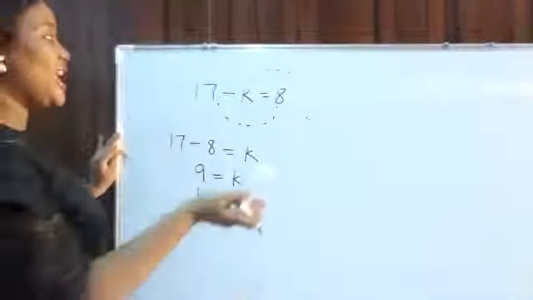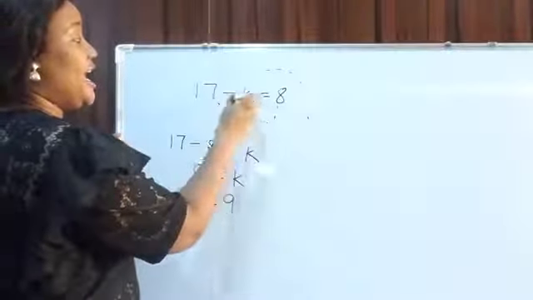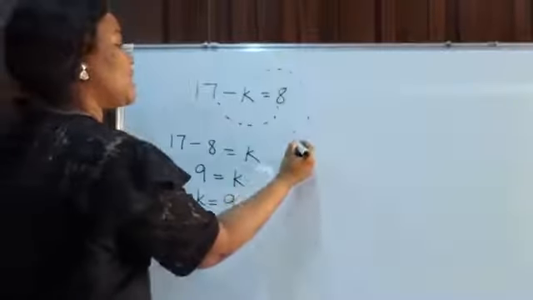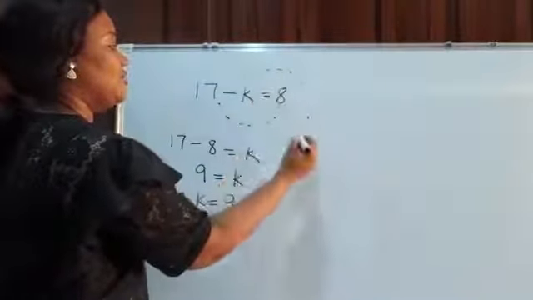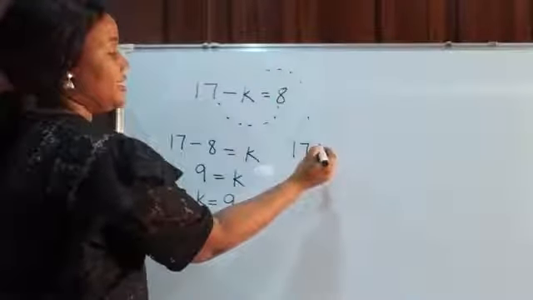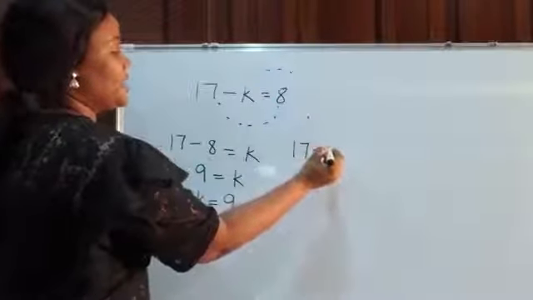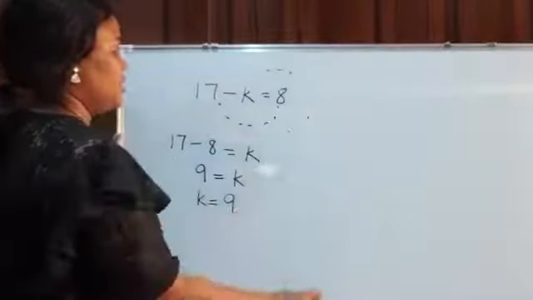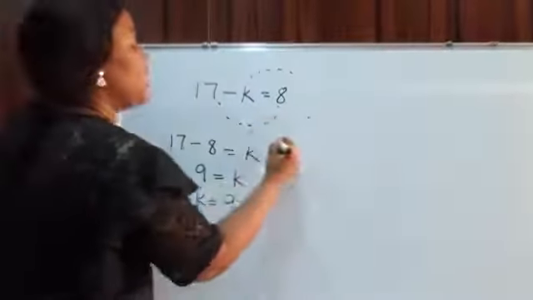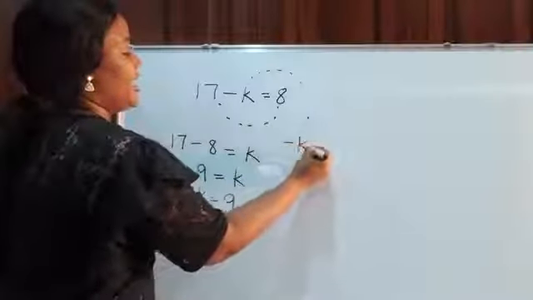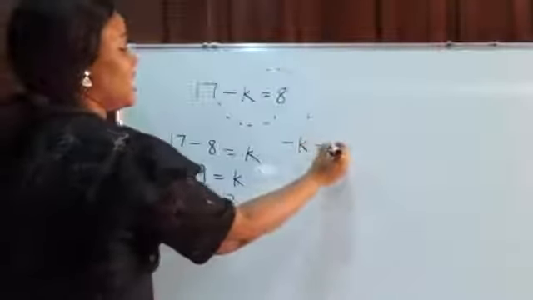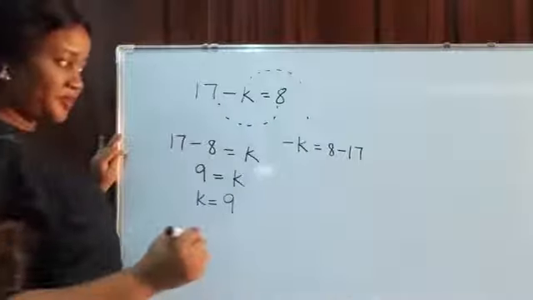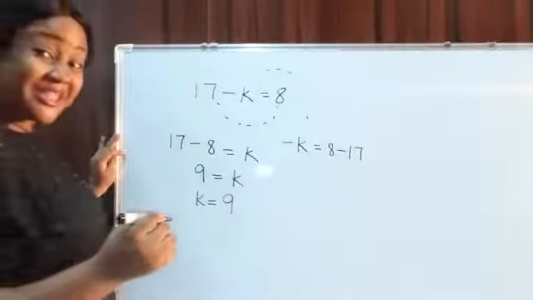Now let's try leaving K and moving 17. This time I'm moving 17. You have minus K equals 8 minus 17. Don't be afraid of the minus.